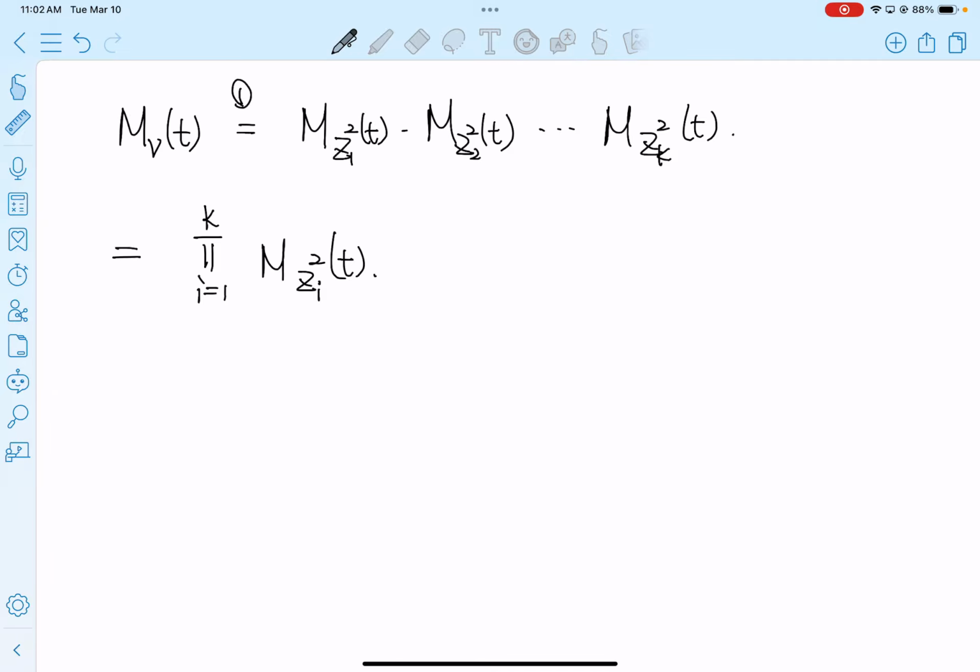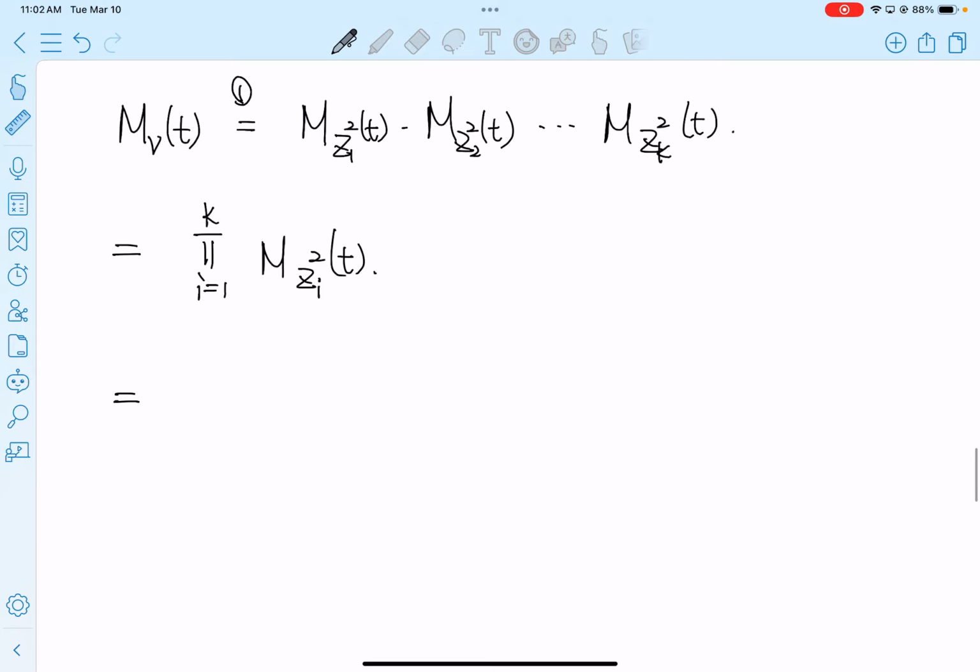Now, using the definition of the moment generating function, this is the integral of e raised to the power of tx. Here our x is zi squared, multiplied by the density function. So here I'm only using the definition of the moment generating function; you can refer to your lecture notes from week 2.